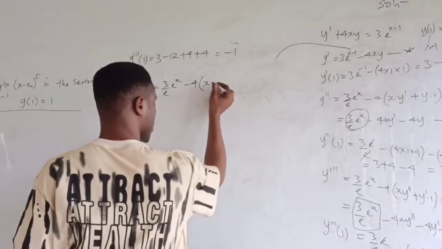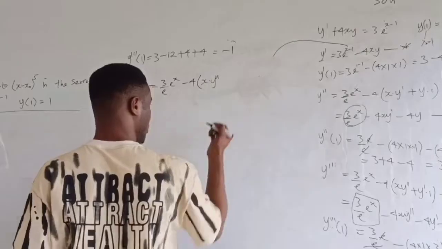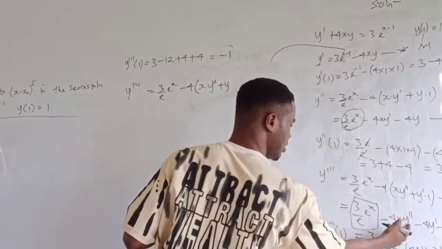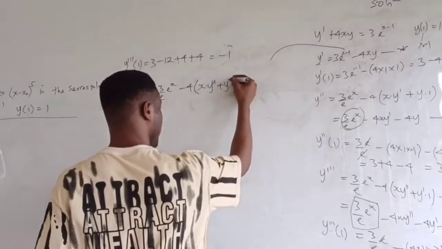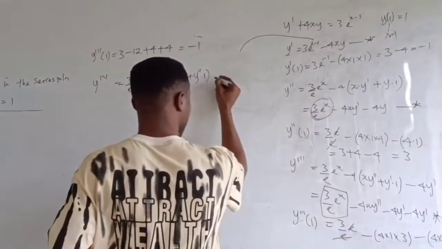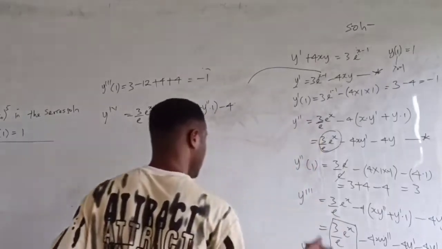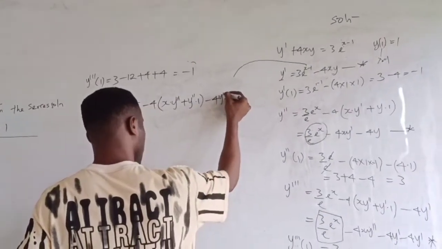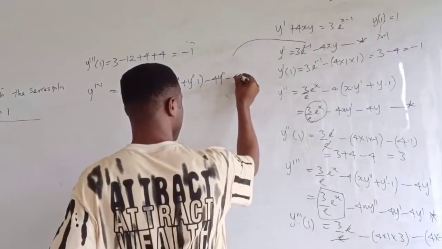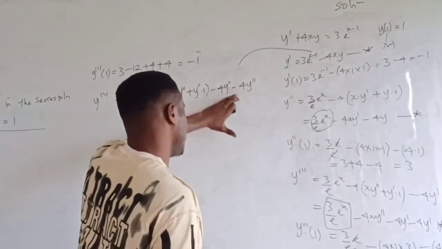So holding x to differentiate y gives us y to the third differential, plus holding this to differentiate x gives us y to the second differential times 1 minus 4. Since y prime is the first differential, differentiating it gives us y to the second differential. Likewise, this gives us 4y to the second differential. If you like, you can add them together.